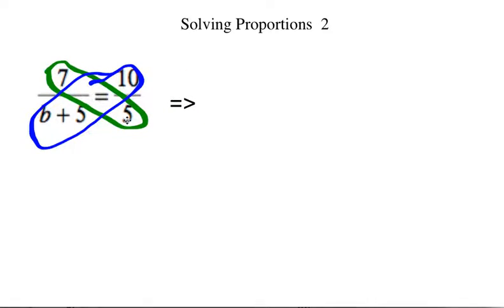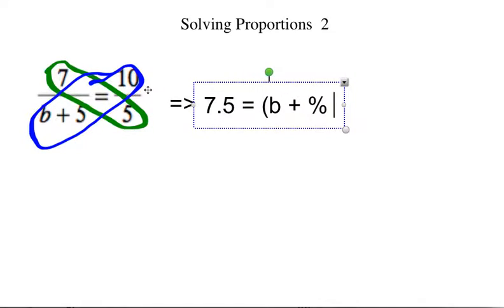So 7 times 5 on the left side would be equal to (b plus 5) times 10.